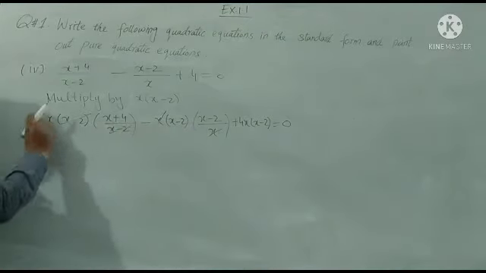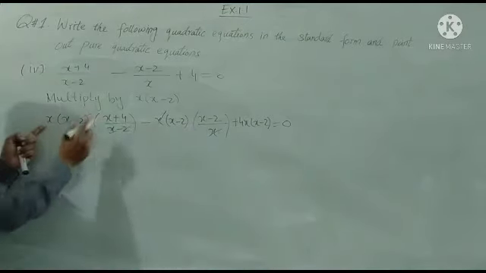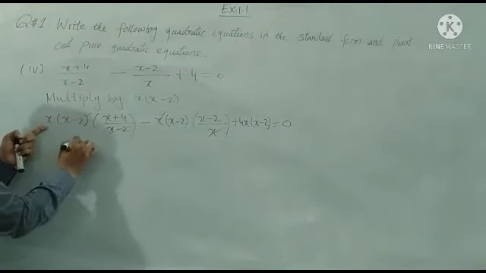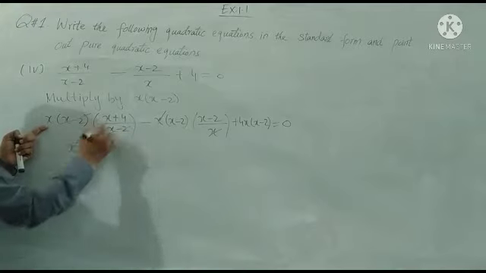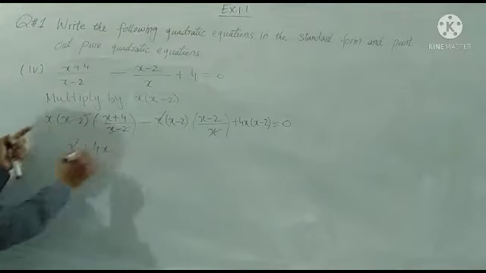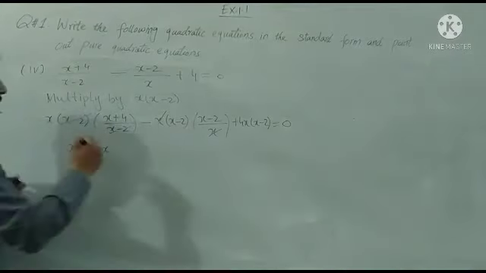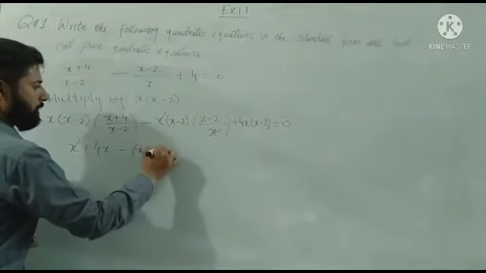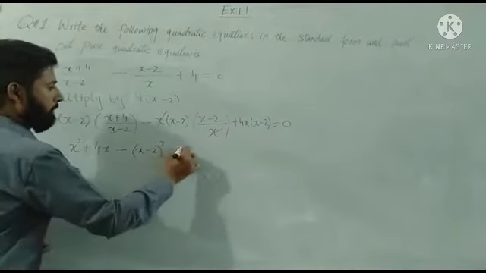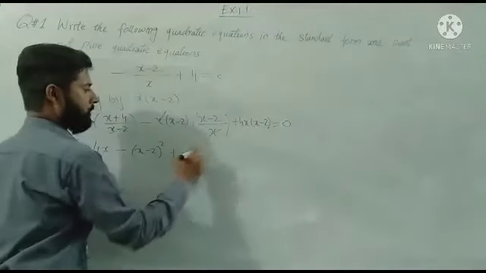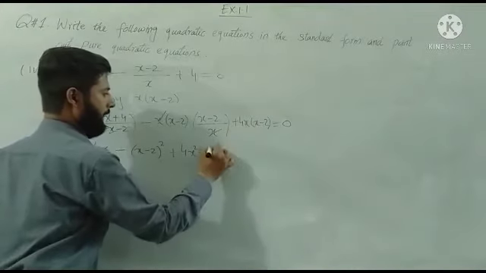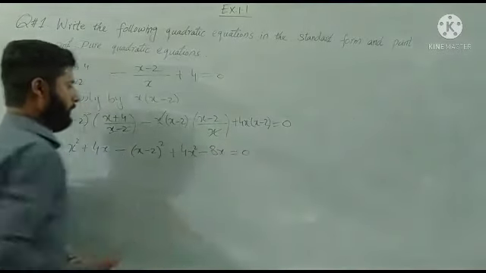Now we multiply this x with both the values, it will become x square plus 4x, then minus x minus 2, it means it is x minus 2 whole square, plus we will multiply them 4x square, plus minus minus 4 2s are 8x is equal to 0.